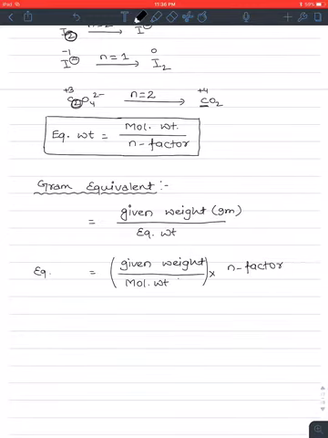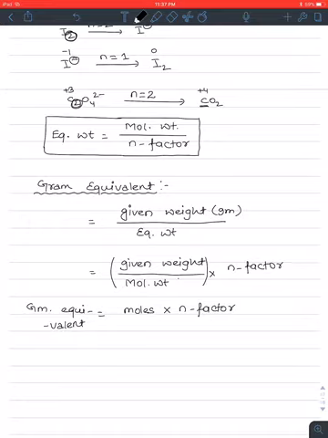And this term, given weight upon molecular weight, is equal to the number of moles. So moles into N factor will give me gram equivalent, or we can say the number of gram equivalent is equal to moles into N factor.